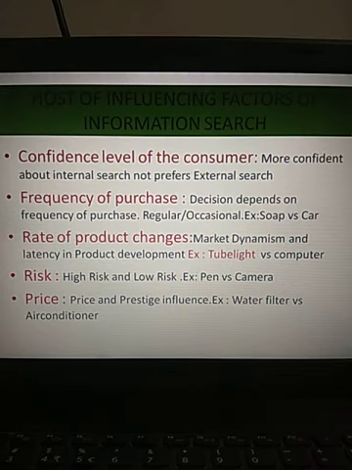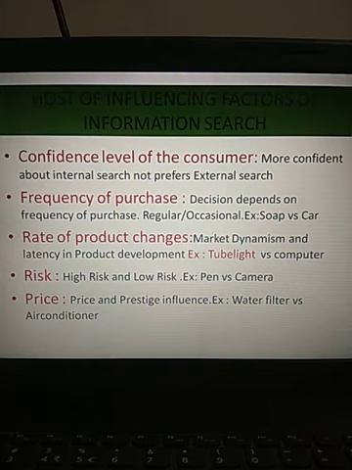That means the decision depends on the frequency of purchase, whether the product is purchased regularly or very occasionally. Soap purchase is a regular practice, very frequently purchased. But as far as a car is concerned, it is a very rare event.